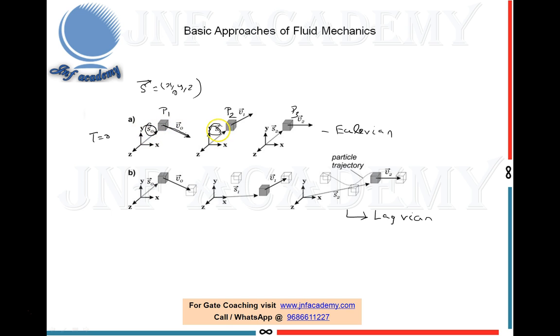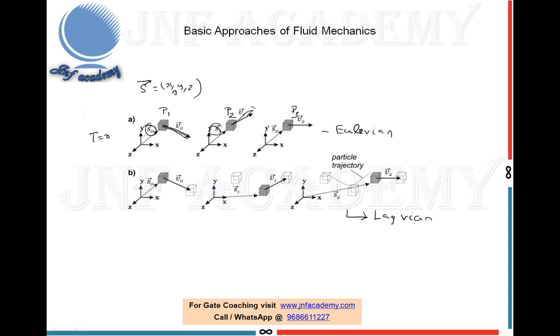S0 is a different location, S1 is a different location. So the particle at S0 has a velocity v0, whereas the particle at S1 has a velocity v1. Here the velocity vector is going like this, here it is going like this. At a different location S2, the velocity is going like this.